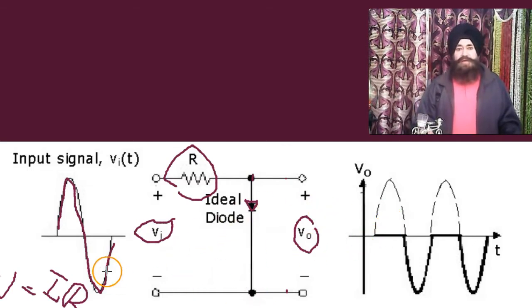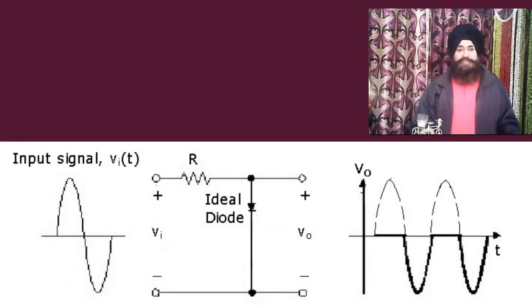Now take things the other way. What happens when the negative half comes? When the negative half comes, this end will be negative with respect to the ground level.